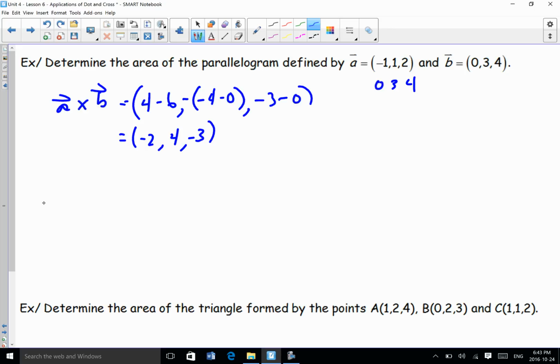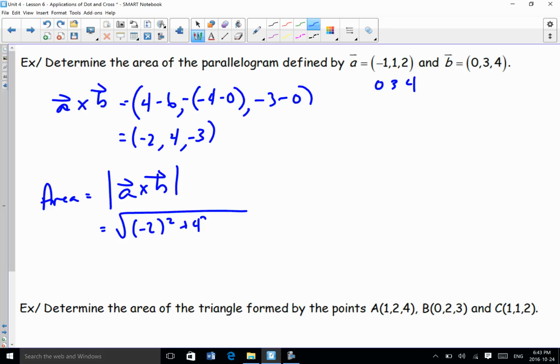If I want to find the actual area, area equals the magnitude of that cross product. So it'll be the square root of negative 2 squared, 4 squared, plus negative 3 squared. You put it all in, and you end up with root 29 units.